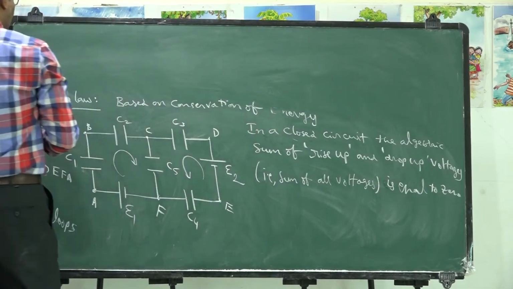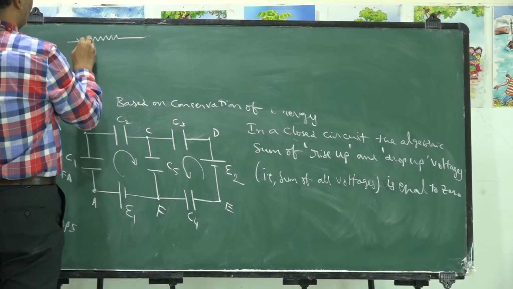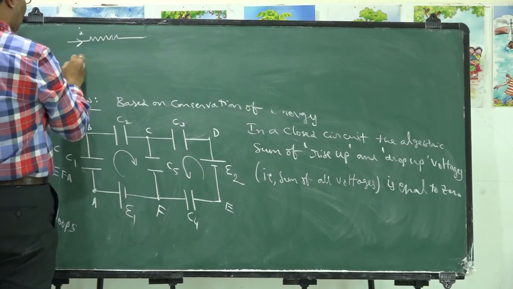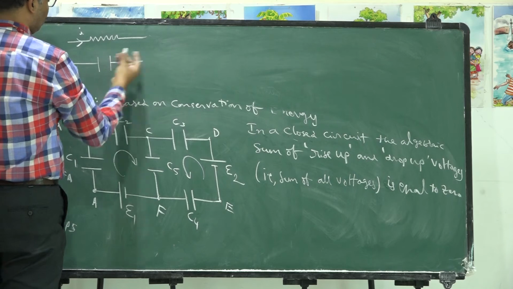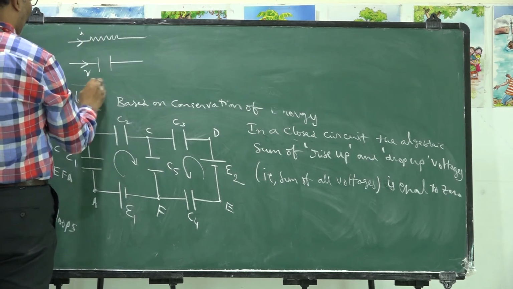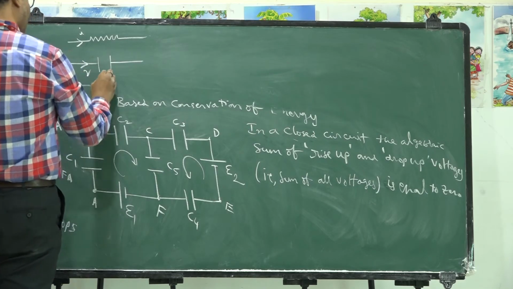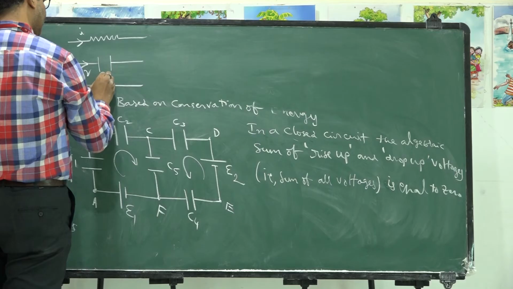For example, here is a resistor, current is going like this, or here is a capacitor, charge is going like this. Here is a cell with a positive terminal like this.